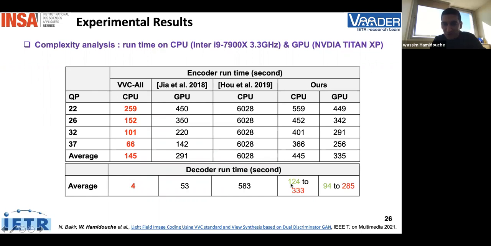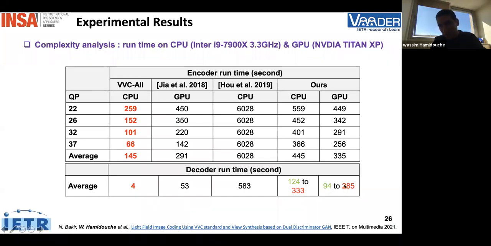And when we give the number 124, we can see that we spend 120 for the synthesis block and 4 for the decoding with VVC. So the complexity of the synthesis block is very high. Here 90 seconds is spent for the synthesis, and 4 for the decoding with VVC.